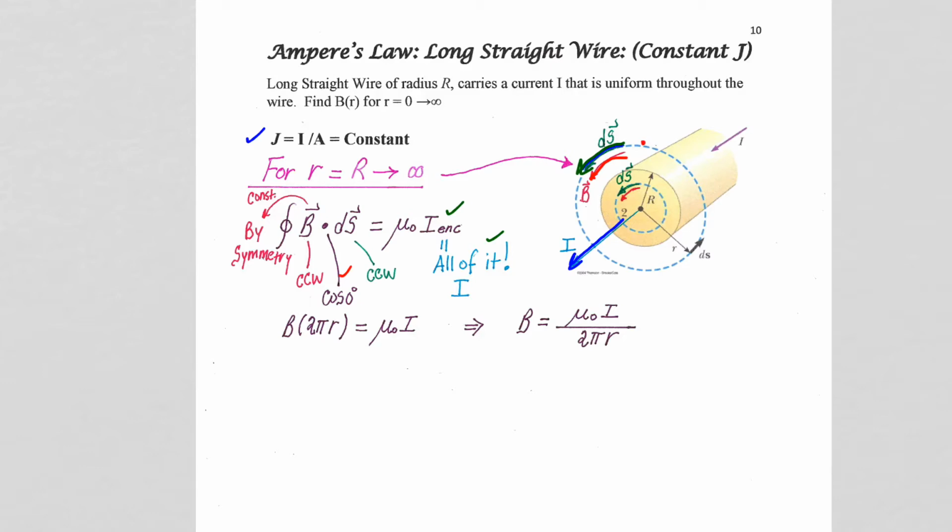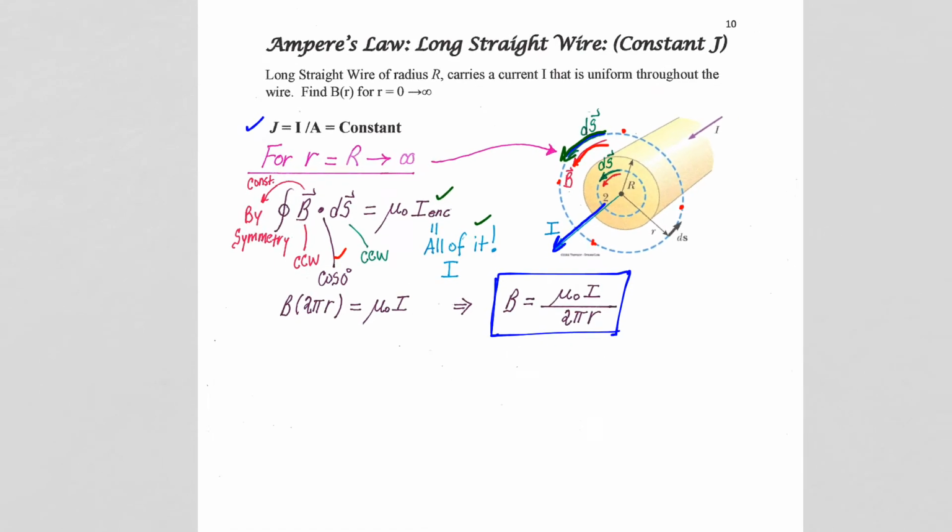So there's no reason to expect this B to be different than this B or this B. Anywhere on the loop, the B is constant. It comes out. Integral of ds is s. The entire Amperian loop is a circle, 2 pi r. So again, we get our long straight wire result when we are outside of the wire.